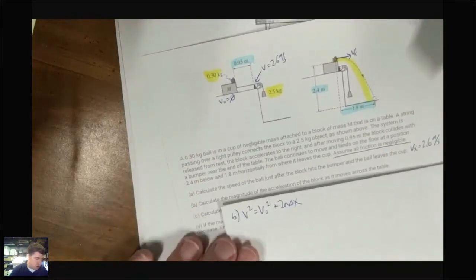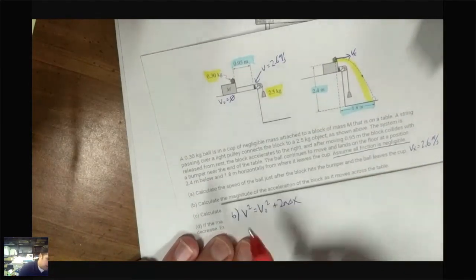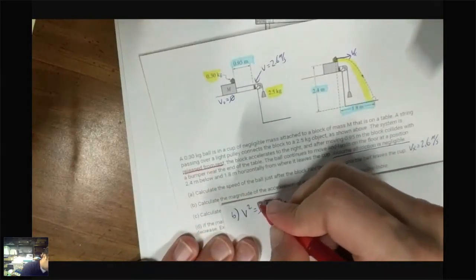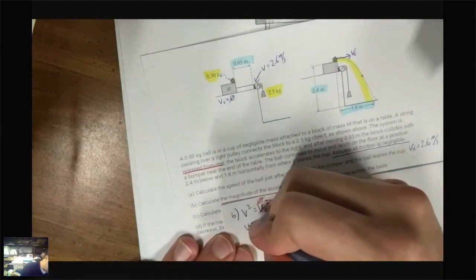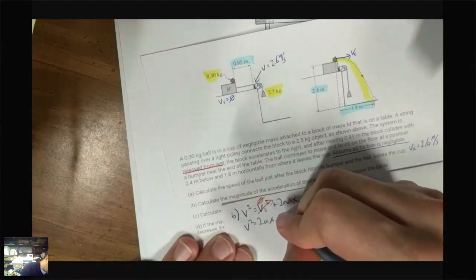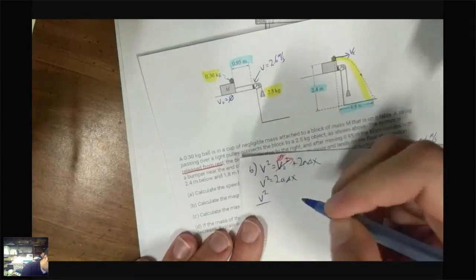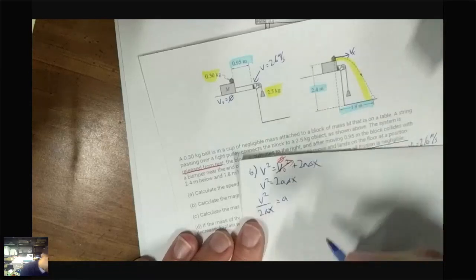We know that our initial velocity is 0, since it says it was released from rest, so that term doesn't matter. So v squared equals 2a delta x. I'm solving for a, so v squared over 2 delta x is equal to our acceleration.